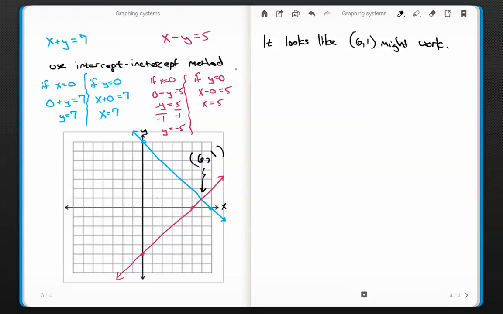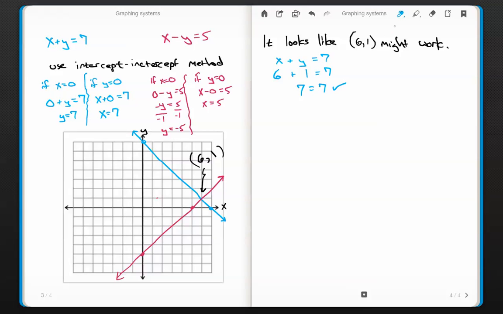Let's check. So in the blue corner, I didn't really mean that to be blue and red like that, but it's fun to say. In the blue corner, we have, let's see, x plus y equals 7. Does that work? 6 plus 1 equals 7. 7 equals 7.